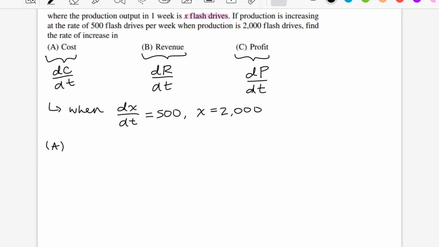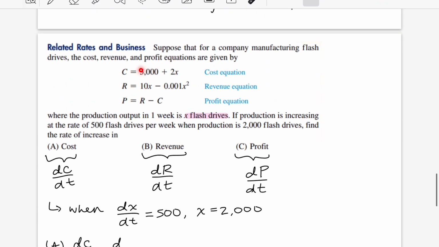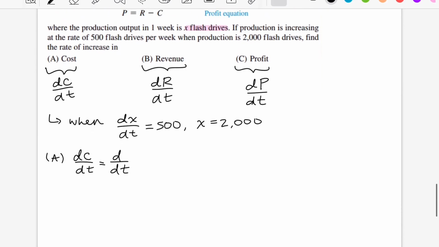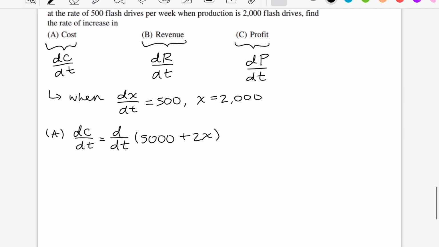So we're going to find dc/dt. So that's going to be equal to the derivative of our function c with respect to time. So we're going to take the derivative of this constant with respect to t, so that's just going to be 0. And the derivative of 2x with respect to t, remember we're going to take the derivative of our outside, so that would just be 2 times the derivative of our inside function.